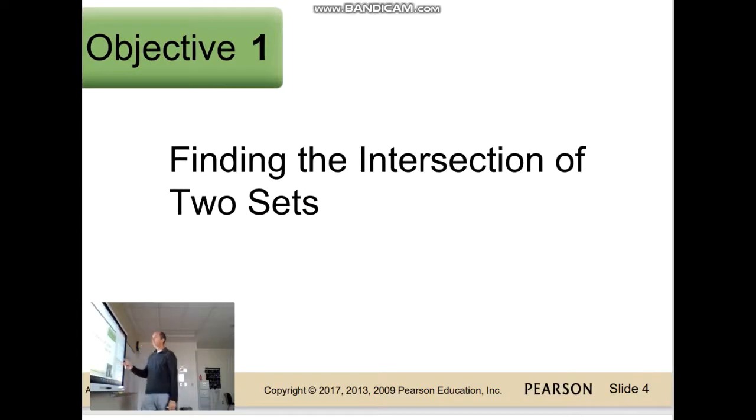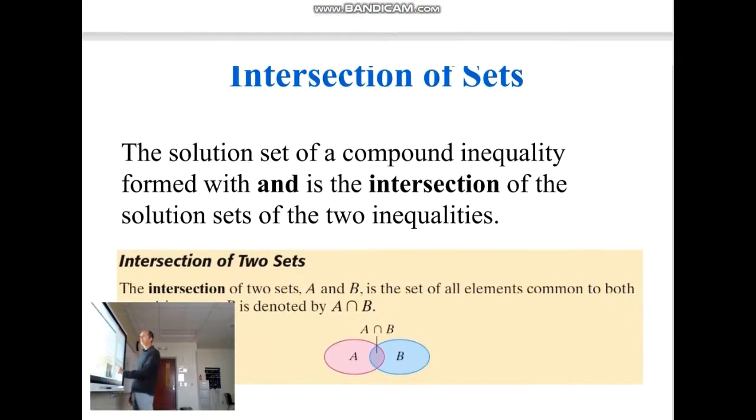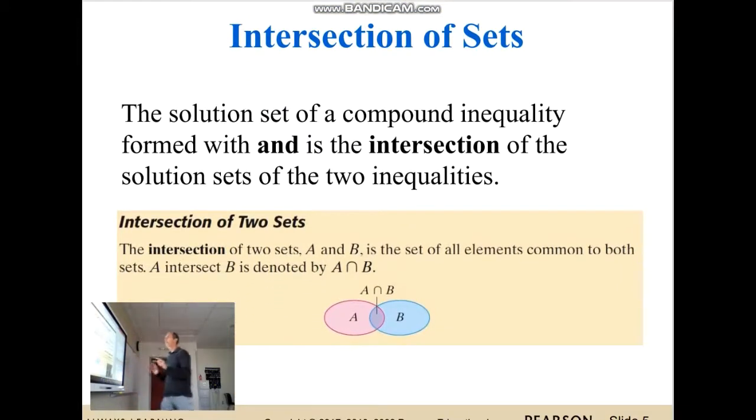The objective number 1 is to find the intersection of two sets, and the solution set of a compound inequality formed with AND is the intersection of the solution sets of two inequalities. What is interesting here is that every time you see the word AND, in math, the word AND will mean intersection.